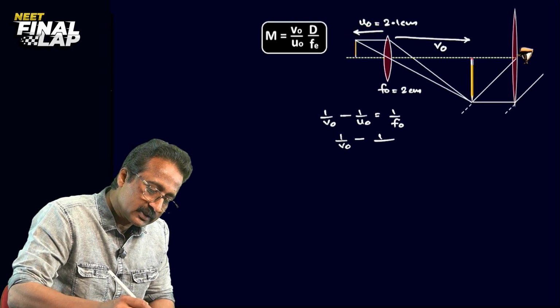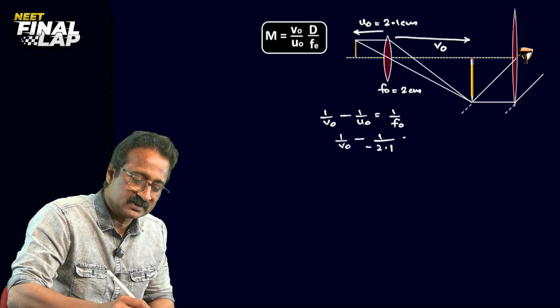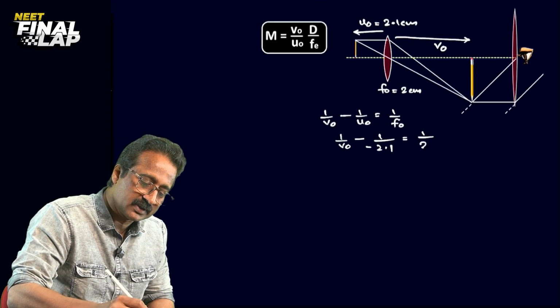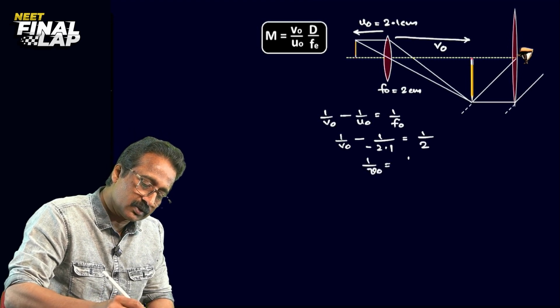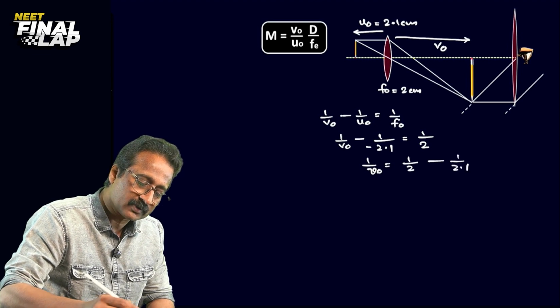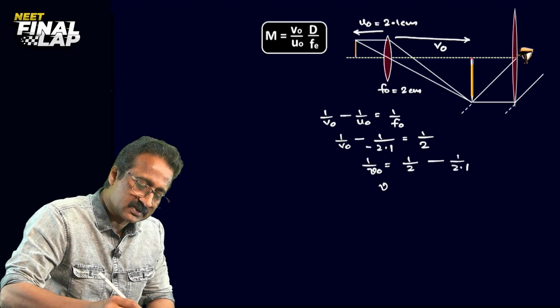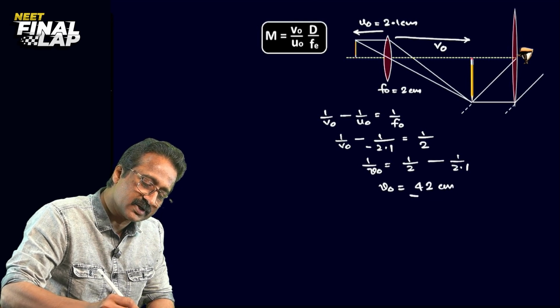So when we substitute here, it is minus 2.1. This is equal to 1 by Fo, it is equal to 1 by 2. Solving this, you have 1 by Vo is equal to 1 by 2 minus 1 by 2.1. You can simplify this. I'm sure you will get something like Vo as 42 centimeter.